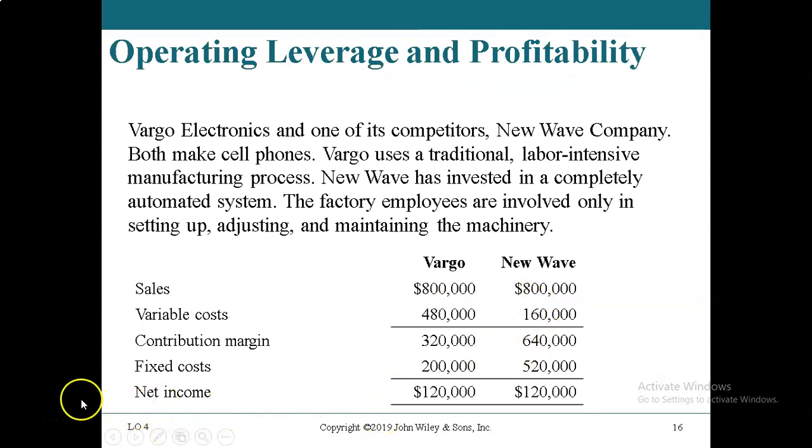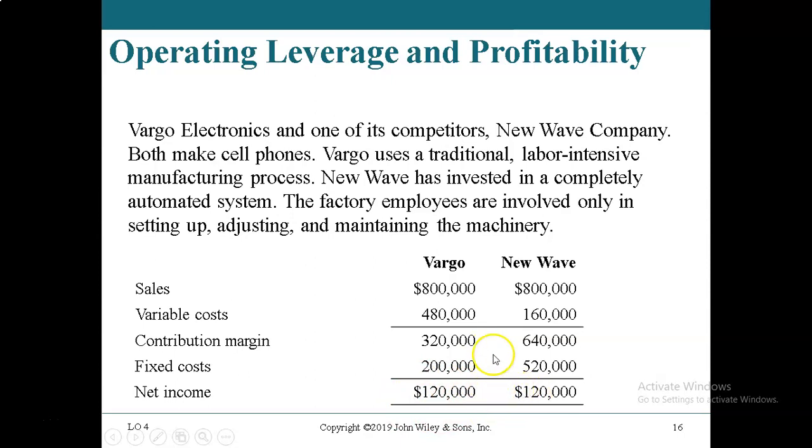Okay, this is the last thing we're going to go over, operating leverage, degree of operating leverage. Take a look at this example here, and you'll see that both companies or both methods, this is Vargo and New Wave, both of them have the same sales revenue, $800,000 for each, and the same net income, $120,000.